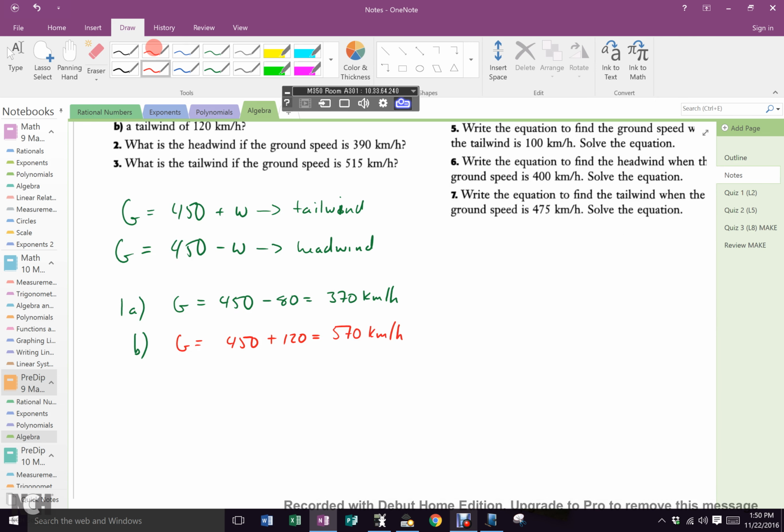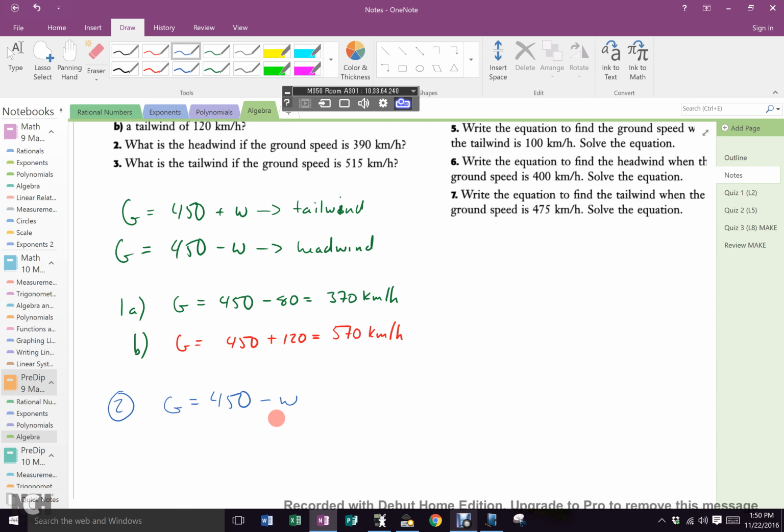Okay, let's do the second one. What stays the same in the second one? The equation. G equals 450. Now, are we going to use plus or minus in number 2? Minus. Why? The headwind. Minus W. Now, what do we know? You know the ground speed, so you plug in the ground speed. Where does ground speed plug in?